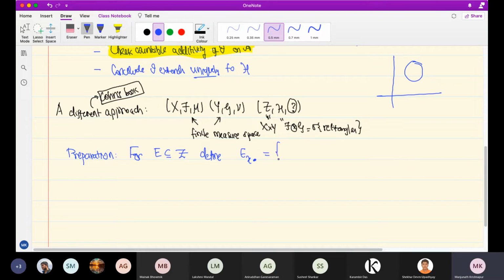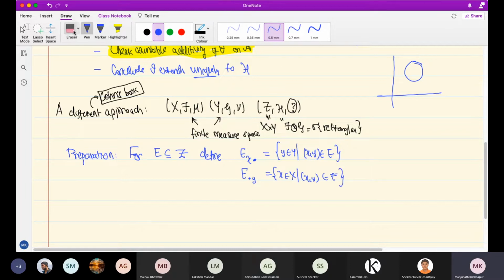E_x dot is the set of all y in capital Y such that (x, y) belongs to E. And E dot y is the set of all x in capital X such that (x, y) belongs to E.